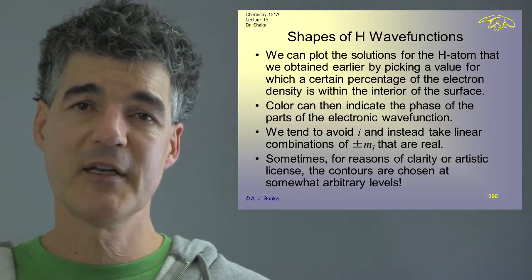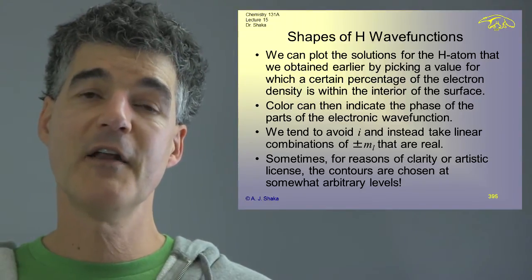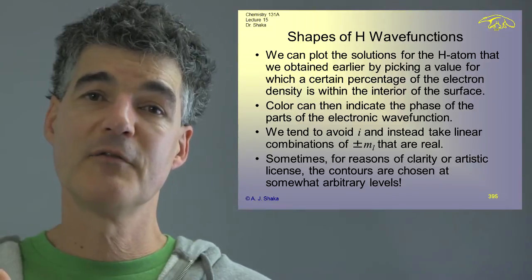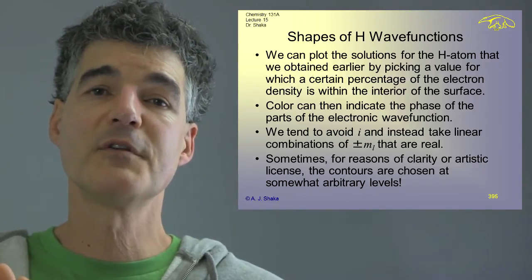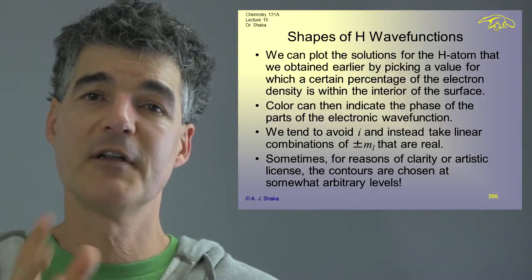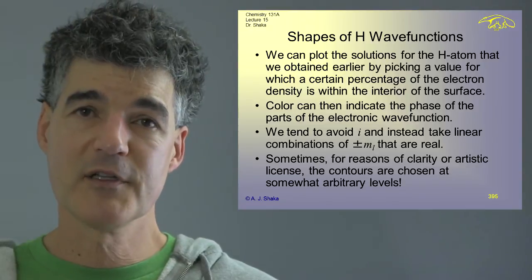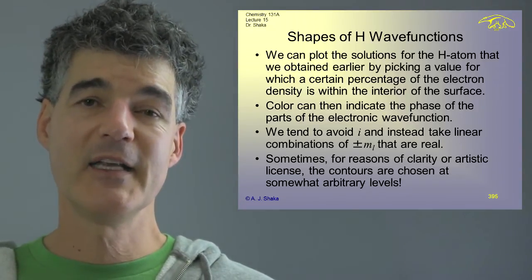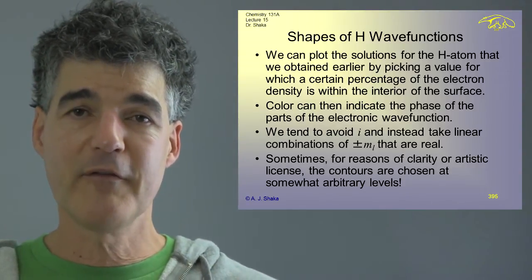Usually 90% is a typical value, but as we saw for the hydrogen atom, if we go out just to the most likely radius of where the electron is, the Bohr radius, there's only a 32% probability that the electron is inside there. So perhaps you could argue that you should pick a more conservative percentage to get a more realistic idea of the size of the spatial extent of the wave functions.